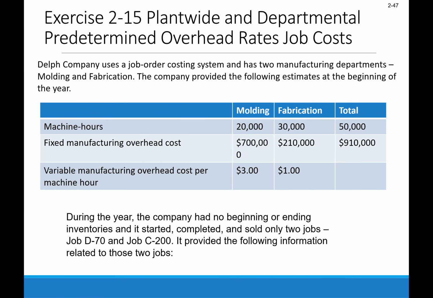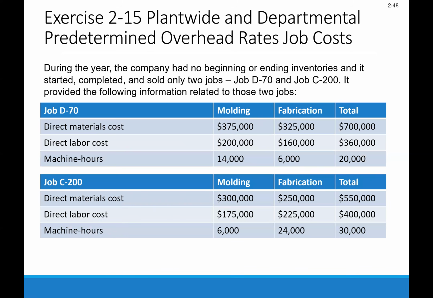Okay. During the year, the company had no beginning or ending inventories. It started, completed, and sold only 2 jobs. And here's the information regarding these jobs.